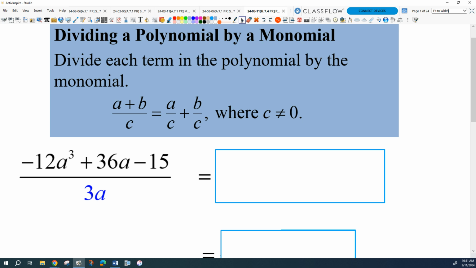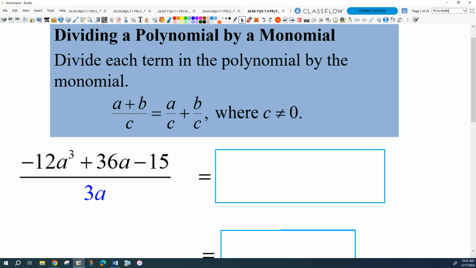Okay, so this is one where we're not actually going to be doing a lot of factoring. This is with division, which seems a little odd because everything we've done has involved factoring. Dividing polynomials really doesn't normally involve factoring. Now it could.